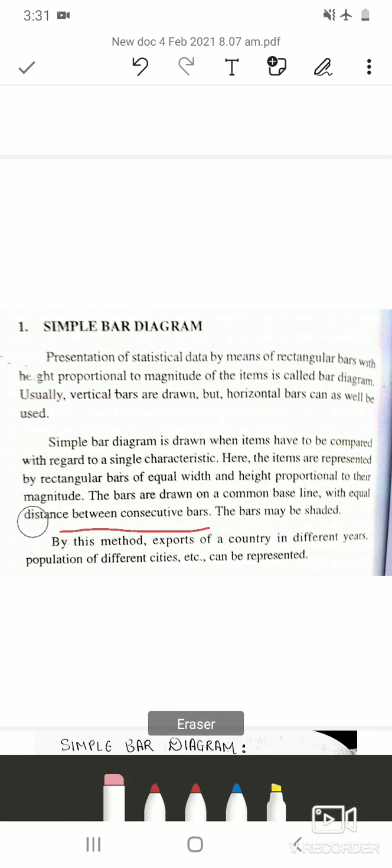So what you have to remember is, we will be using a simple bar diagram when we want to compare a single characteristic, and here we will be drawing rectangular bars with height proportional to the magnitude of the items given. Usually vertical bars will be drawn, and the rectangular bars must be of equal width, and the distance between the consecutive bars must be the same.